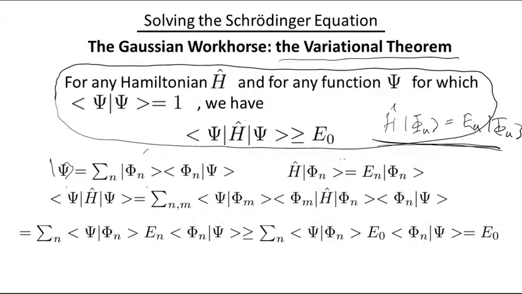There exist some eigenfunctions, even if we don't know them. They form a complete set, so whatever the trial wave function is, it can be expanded in the basis of eigenfunctions that satisfy this. Well then, what's the expectation value of the Hamiltonian in psi? Well, we can just compute it straightforwardly within this representation here.